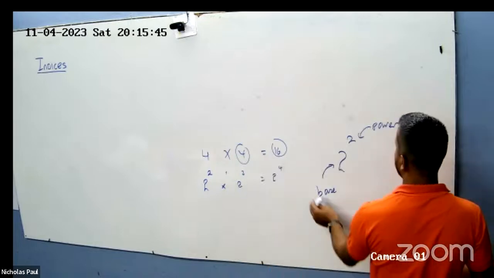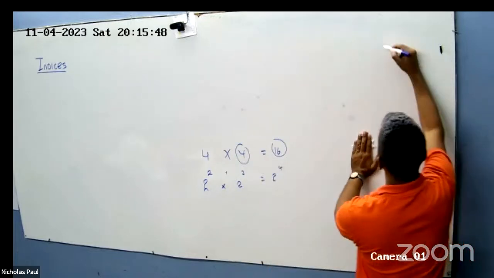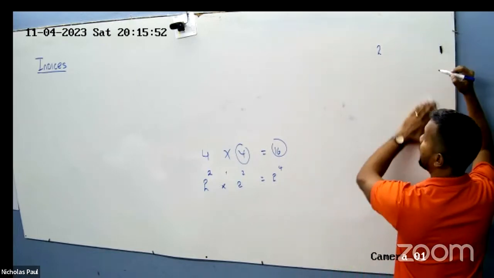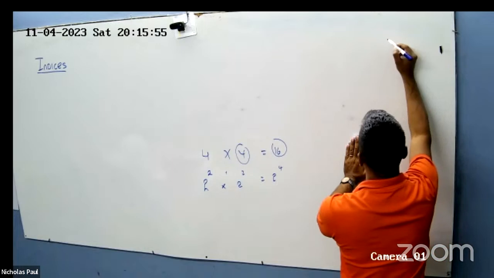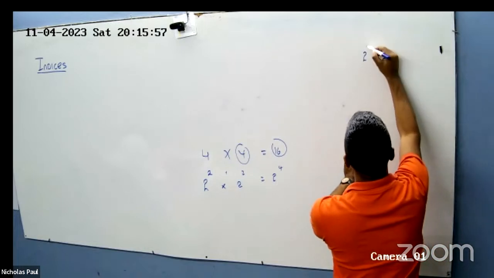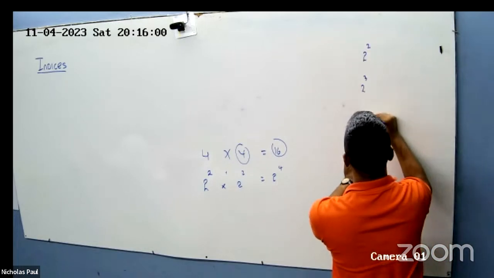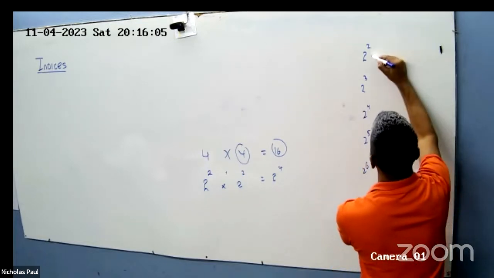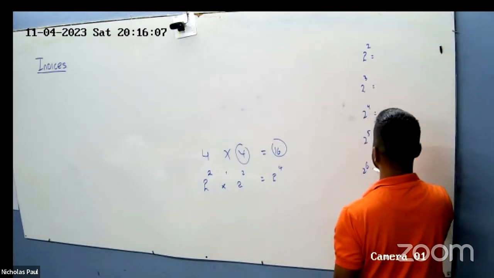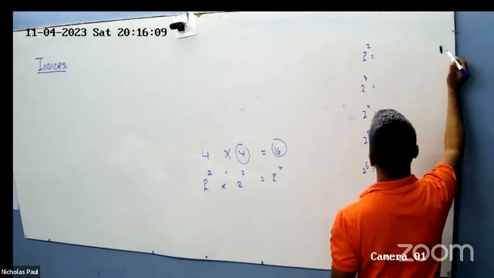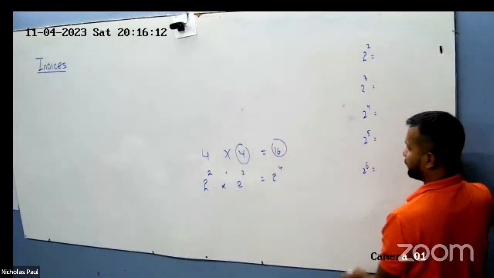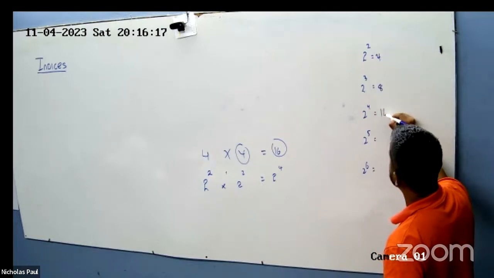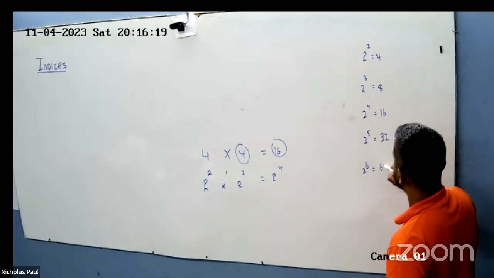And one of the things again that you're going to need to know is these values here. I want you to know these values. And I'll write them out here for you, because you will see these a lot. 2 squared, 2 cubed, 2 to the 4, 2 to the 5, even as far as 2 to the 6. You have to know those values. You should also know them for 3, 4, and 5. This is 4, this is 8, this is 16, this is 32, and this is 64.